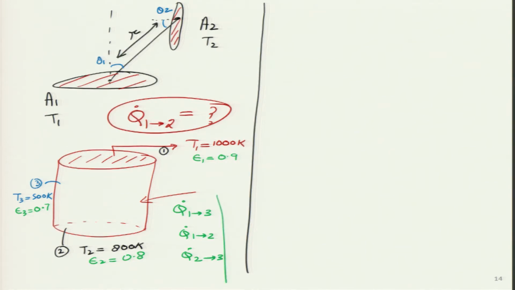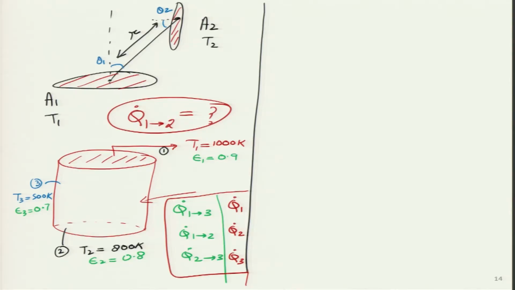Plus, I need to figure out how much heat I need to supply to surface 1, surface 2, and surface 3. These are the typical examples that we are going to study in this particular chapter.